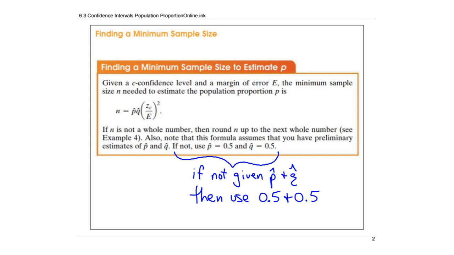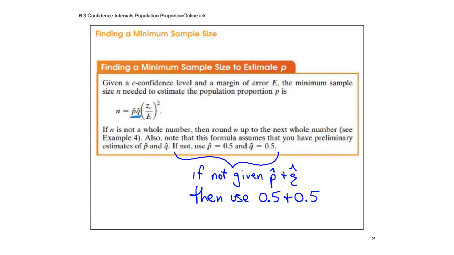All right, so with the proportions, the P, we also have a formula for sample size, just like we did in 6.1. It does look a little bit different than the one in 6.1. We have P hat and Q hat out front.